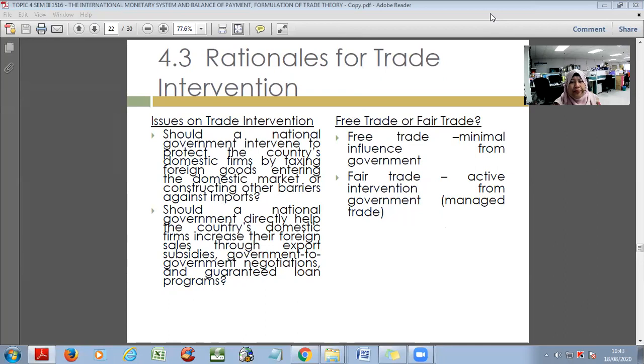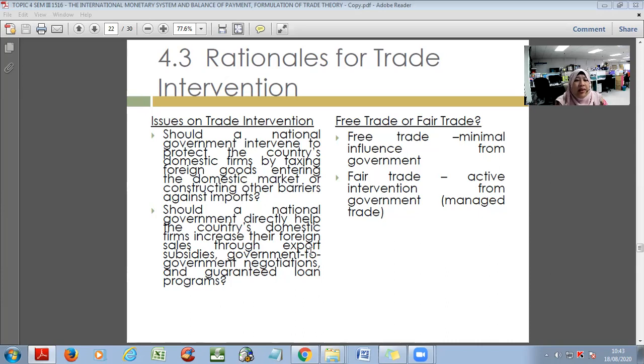So we will continue on the rationale for trade intervention. As you can see here, there is an issue in international trade. Should a national government intervene to protect the country's domestic firms by taxing foreign goods entering the domestic market or constructing other barriers against imports?